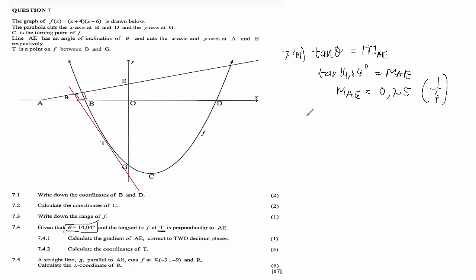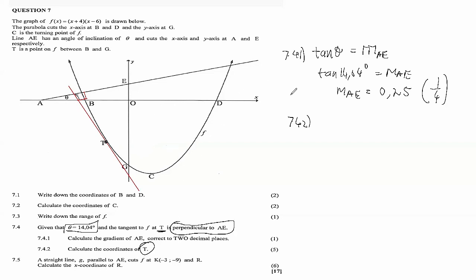Then 7.4.2 says, calculate the coordinates of t. We can see that the tangent is just passing through the point t. We don't know the x coordinate of t, and we don't know the y coordinate of t. Now, how are we going to do this? We are given one piece of information: the tangent at t is perpendicular to AE.